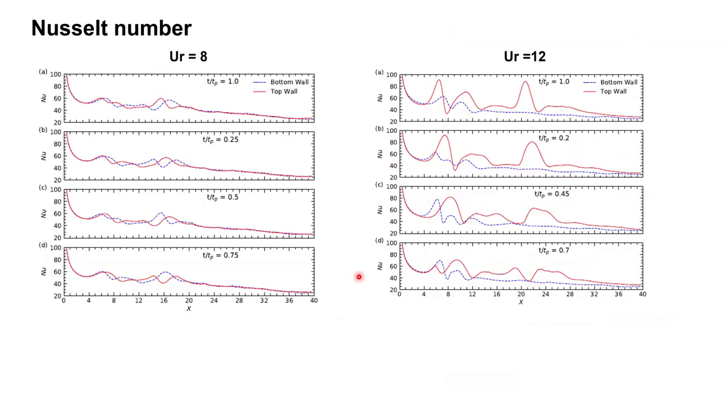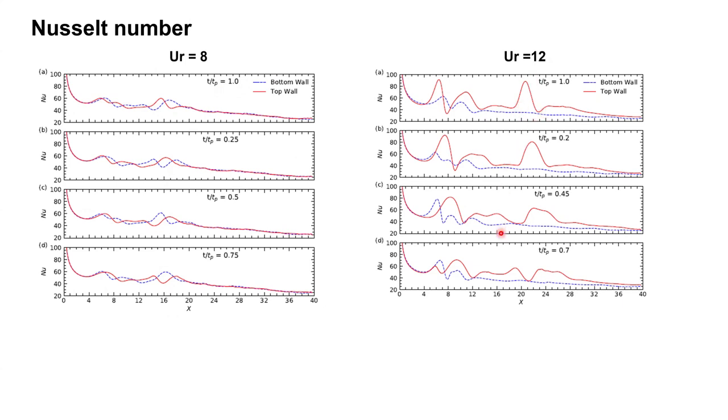Now let us quantify the heat transfer improvement, and I'm just plotting Nusselt number as a function of distance. It is the same signal I showed you in the animation, but right now I'm just plotting it at different times in the cycle. So you can see that a peak is here, and then as the cycle progresses, the peak changes. Here the changes are not so strong, which is UR8, but at UR12, you can see that much stronger peaks appear.